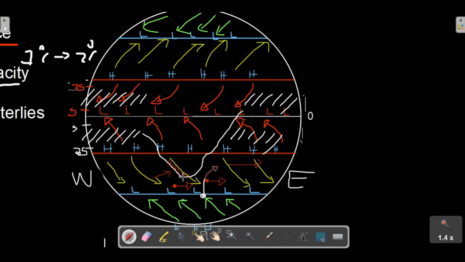Imagine someone blowing them towards the east. That someone is actually the subtropical westerlies that are moving towards the east. That's how we reasoned why mid-latitude cyclones move from west to east.